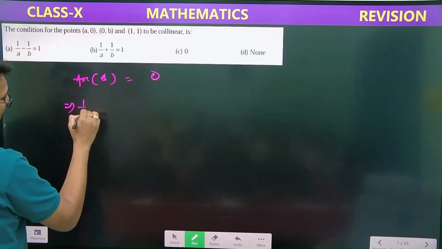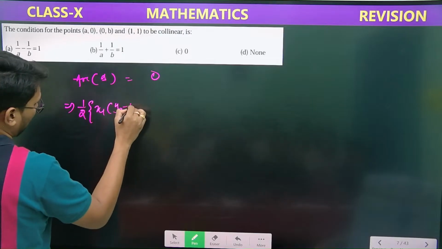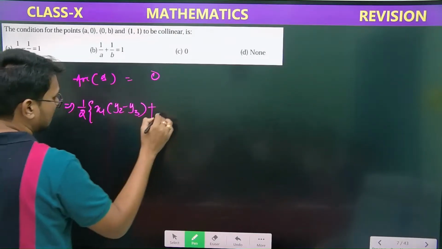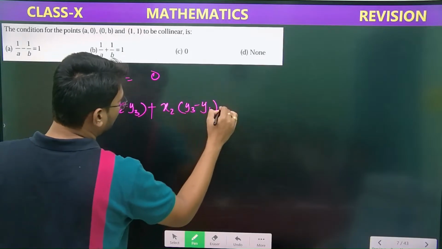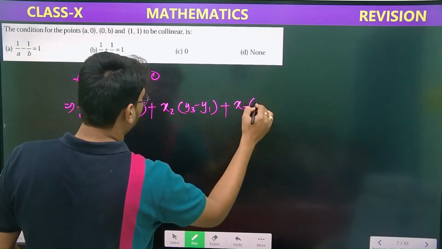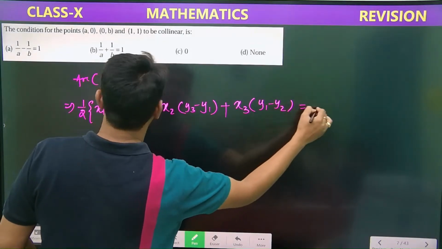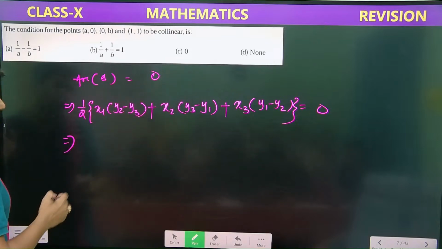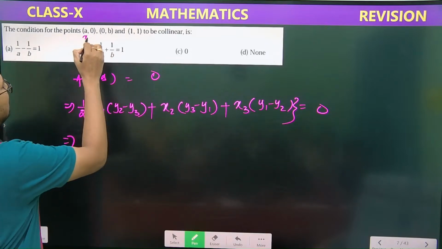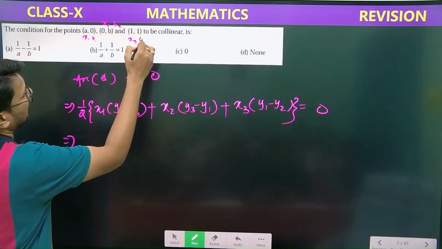Hence, half into x1 (y2 minus y3) plus x2 (y3 minus y1) plus x3 (y1 minus y2) equals 0. So half is already 0. These are x1 y1, x2 y2, x3 y3.